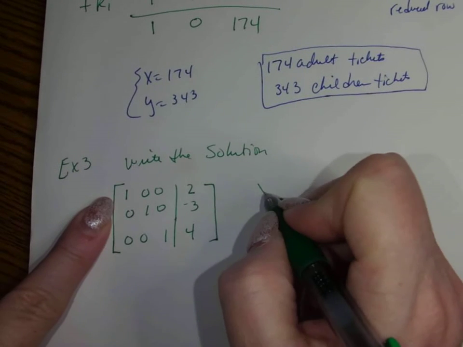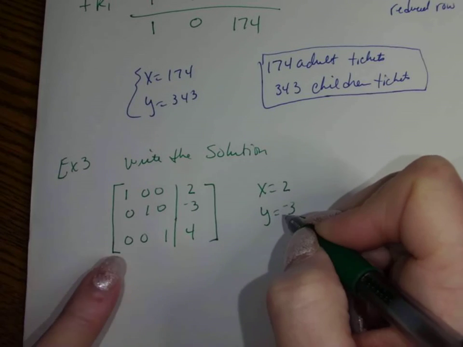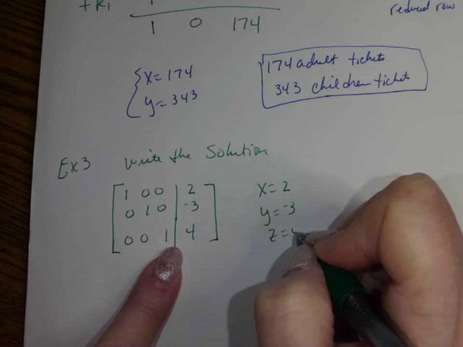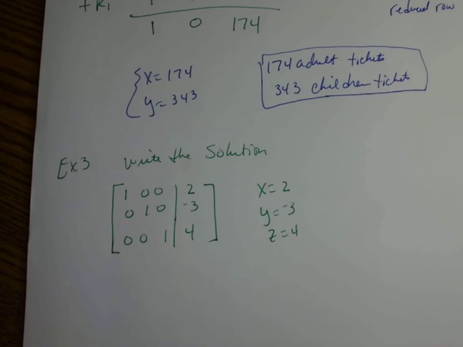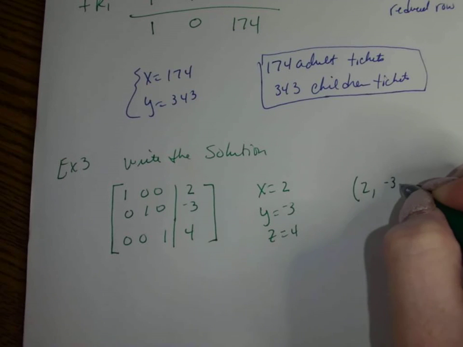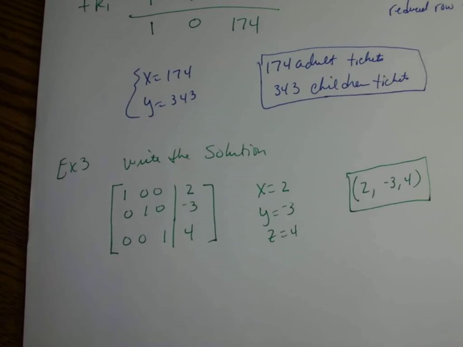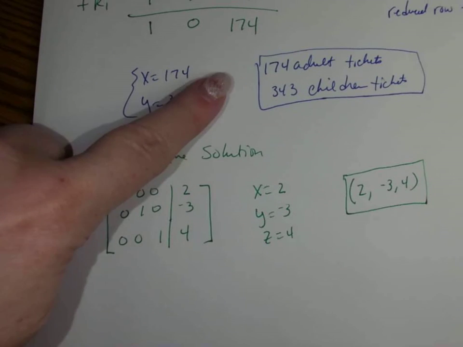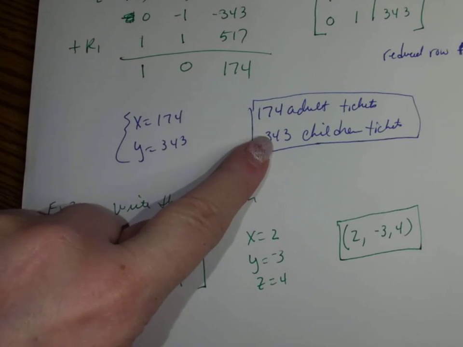This tells us that our system is x equals 2, y equals negative 3, and z equals 4 because we have a third variable. But that's not the solution. That would be the system of equations that are left. The answer would be 2, negative 3, and 4. Again, you have to write it as an ordered triple. On the previous problem, I didn't because I needed to clarify these were the adult, those were the children.